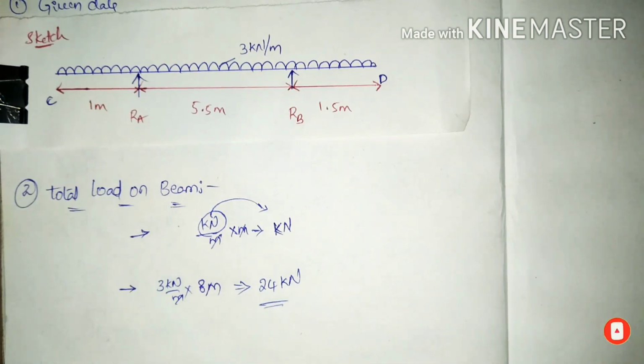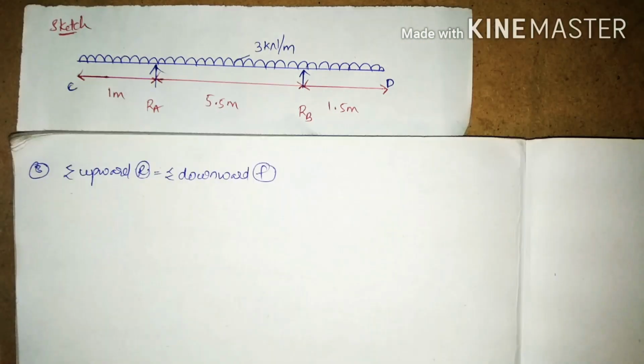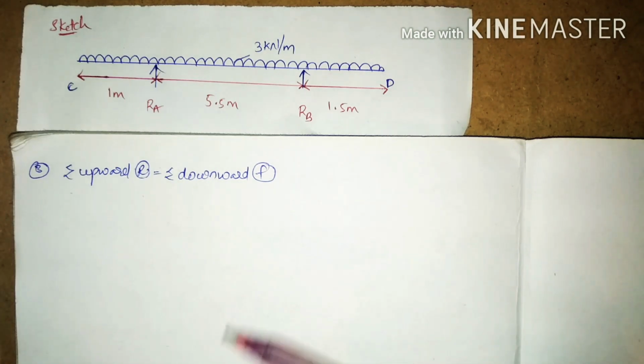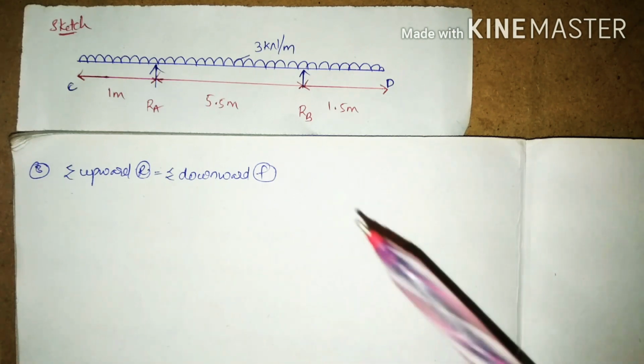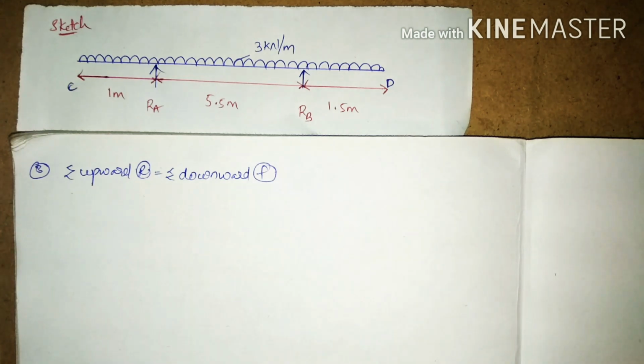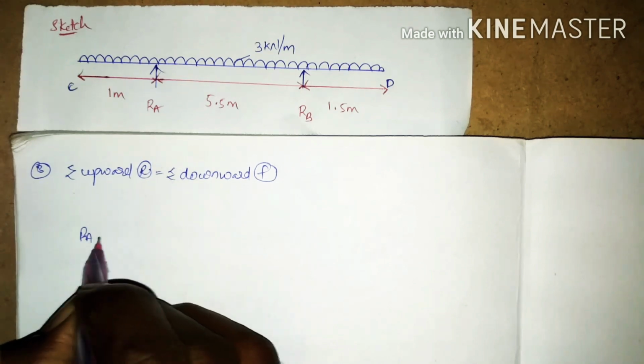Moving on to the third step, the summation of upward reactions is equal to downward forces. Looking at the sketch, in the beam we have upward reactions RA and RB, which are written on the LHS, and the downward force is only the UDL, which should be converted to a point load in kilonewtons.